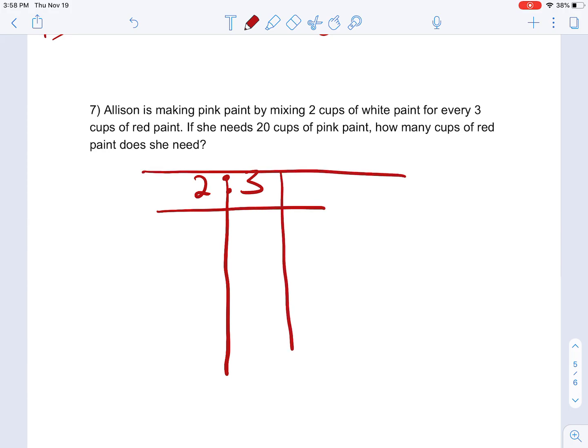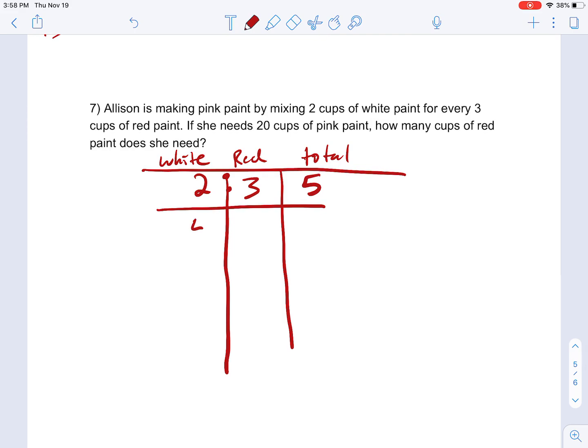One column represents white paint, one represents red, the other is total cups. Okay, so when she has 2 cups of white, she needs 3 cups of red, and that gives you 5 total. Now let's move on.